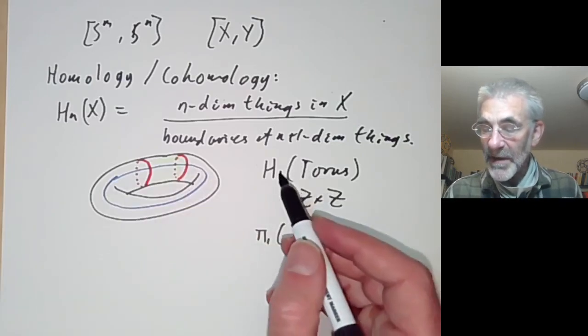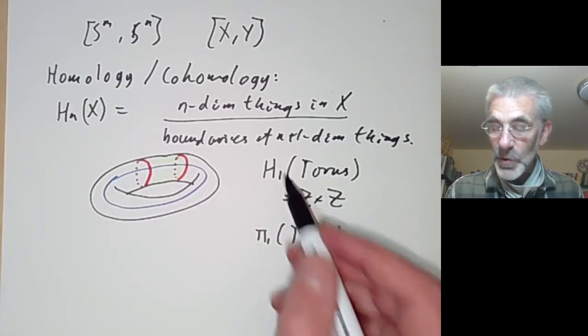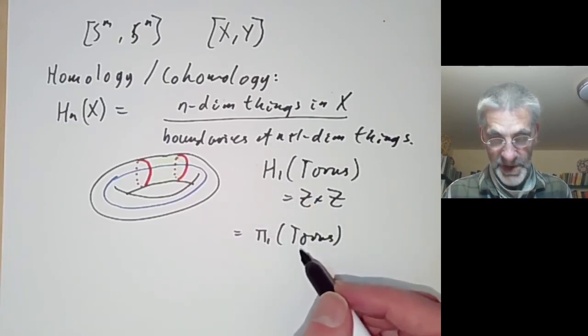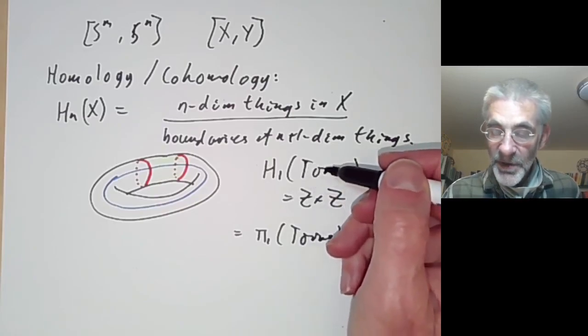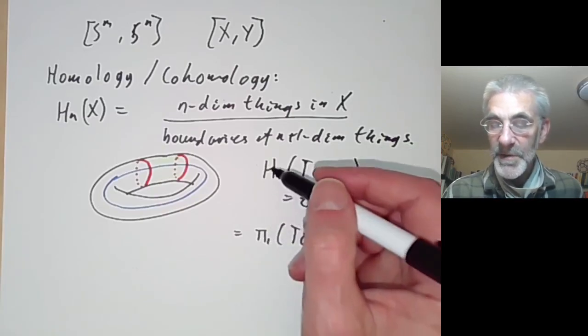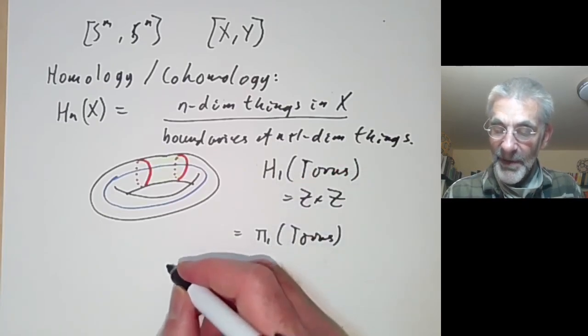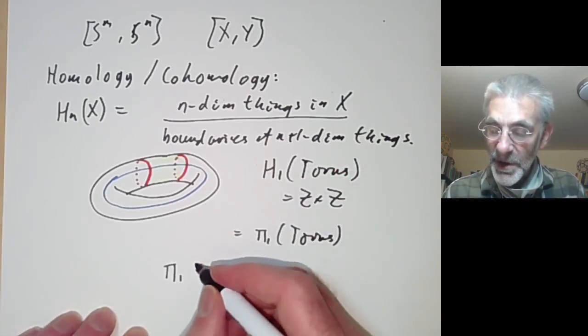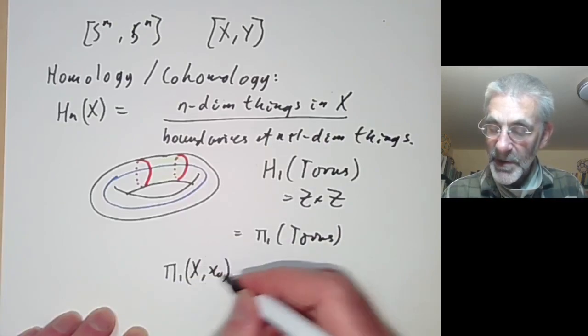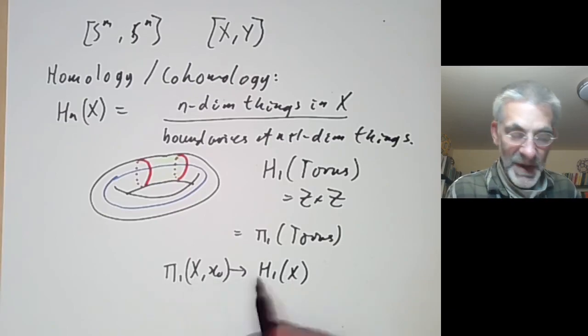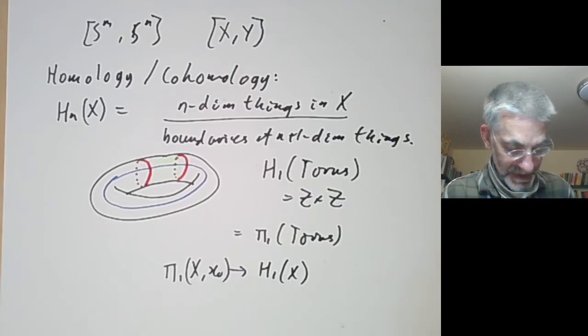In fact, it turns out the first homology group of a torus happens to be naturally isomorphic to the first homotopy group of the torus. In general, for more complicated spaces, these two groups need not be the same, but they're still quite closely related. There's always a map from the first homotopy group of a space to the first homology group of a space, and it's sometimes, but not always, an isomorphism.